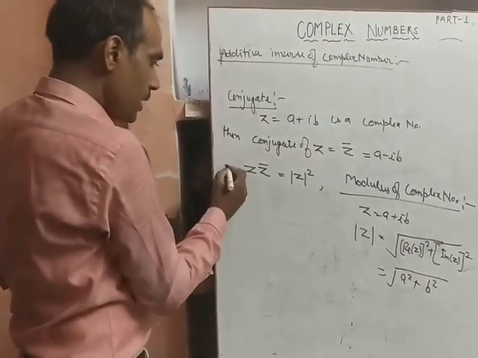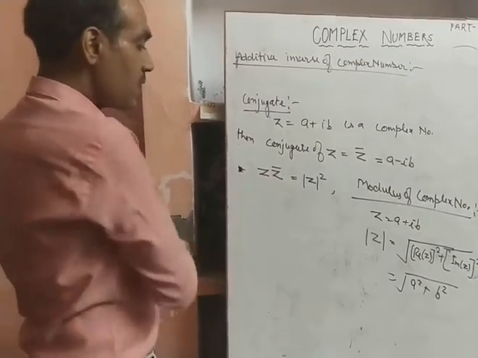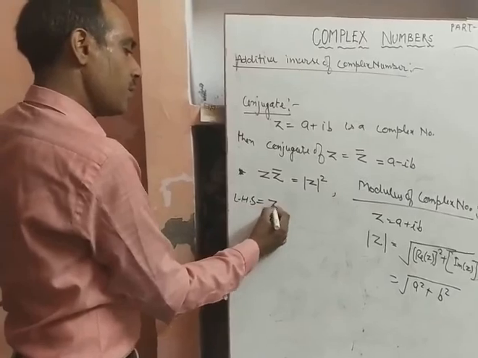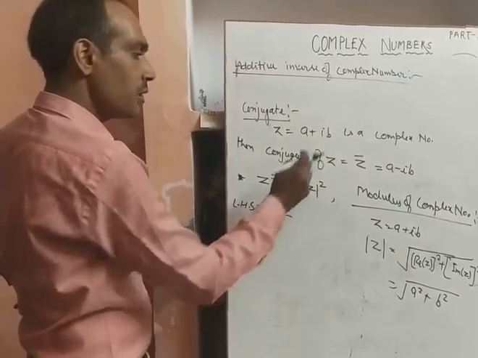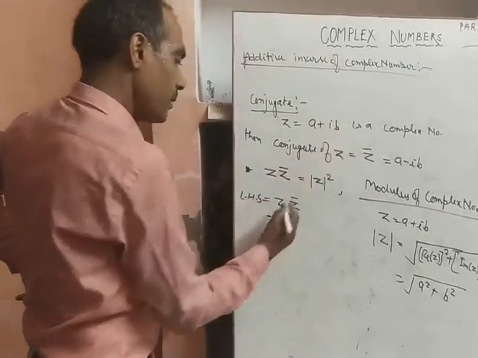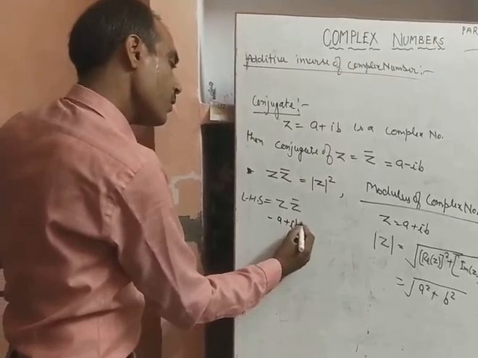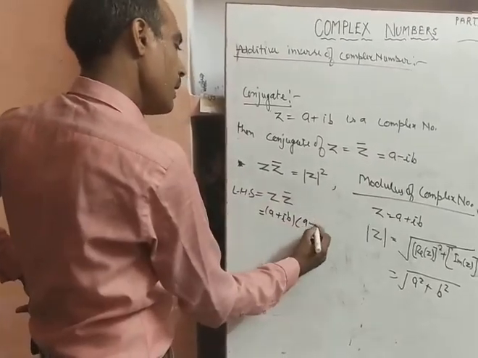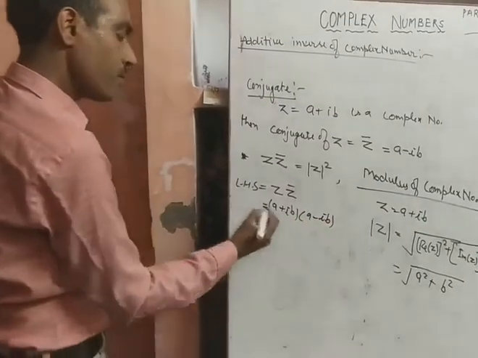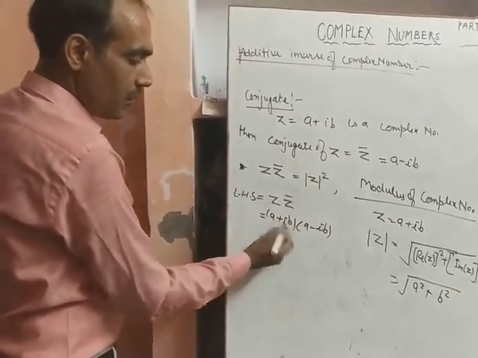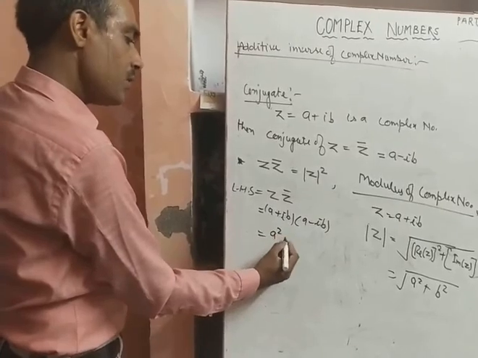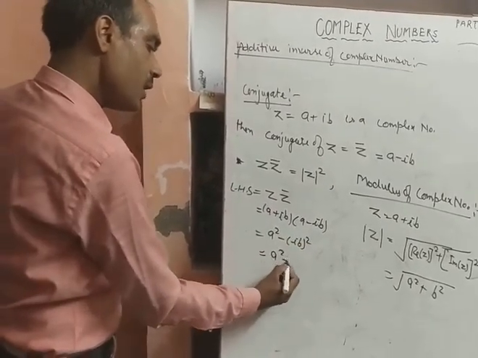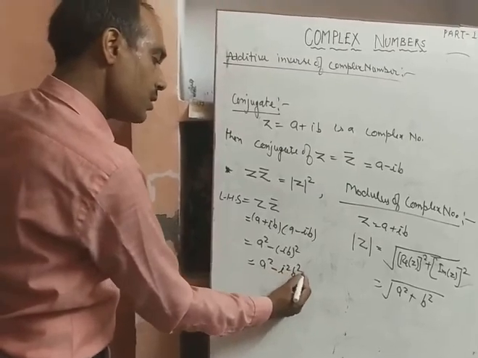Then we can prove this property very easily. Take the LHS, which is z into z bar. z is a plus ib, and z bar is a minus ib. When we multiply, we get a square minus i square into b square.